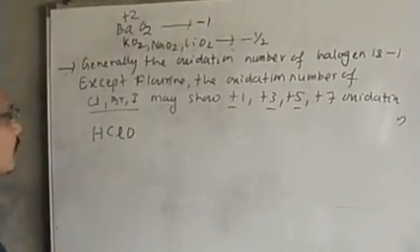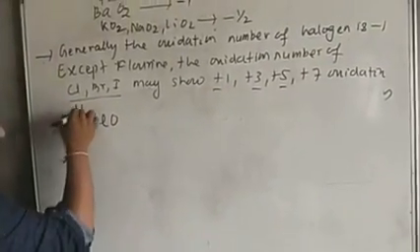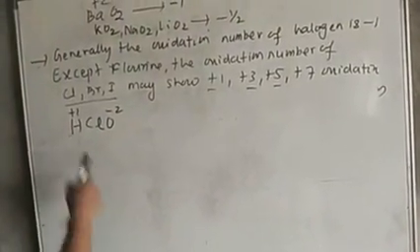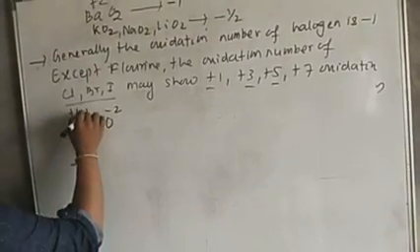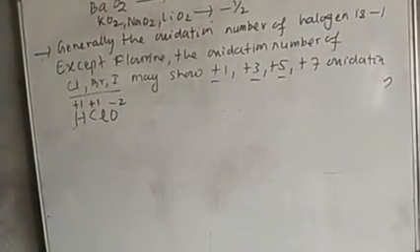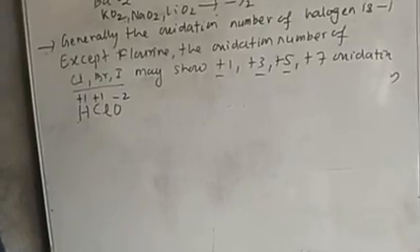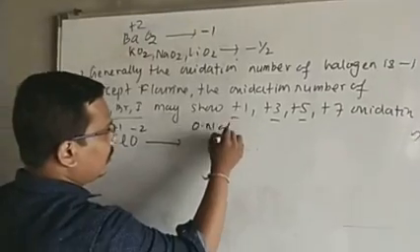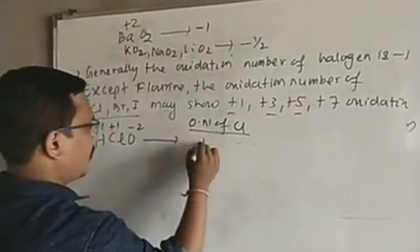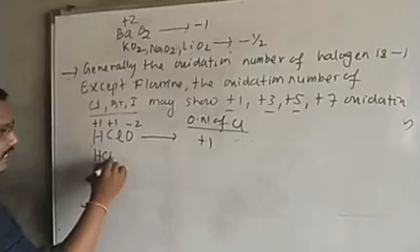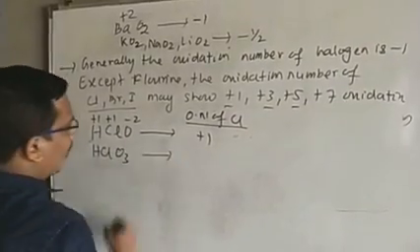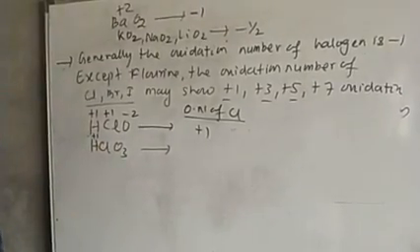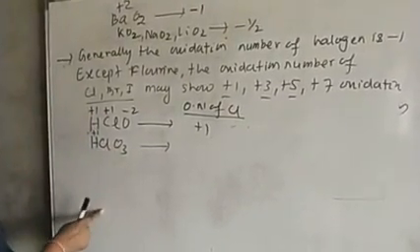HClO. Here hydrogen has +1 and oxygen has -2. That means the oxidation number of chlorine must be +1, otherwise the sum of the oxidation numbers cannot be 0. If you think about HClO3, what is the oxidation number of chlorine? Hydrogen is +1, oxygen has the -2 oxidation state.